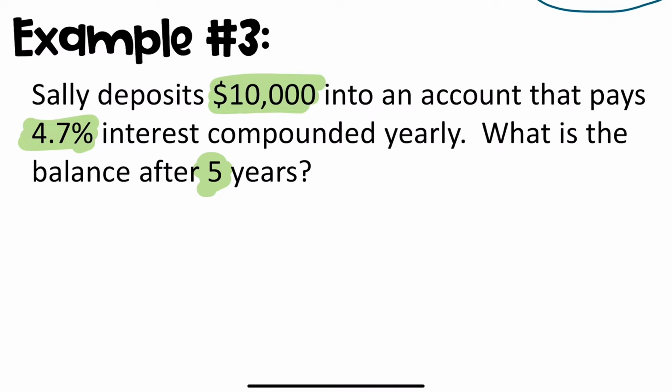She deposits $10,000. Instantly I know that is going to be my initial value. It's usually the biggest number in the problem. It pays 4.7% interest. That percent is telling me that this is a rate. And then after 5 years, since it's years, that's telling me it's going to be time.